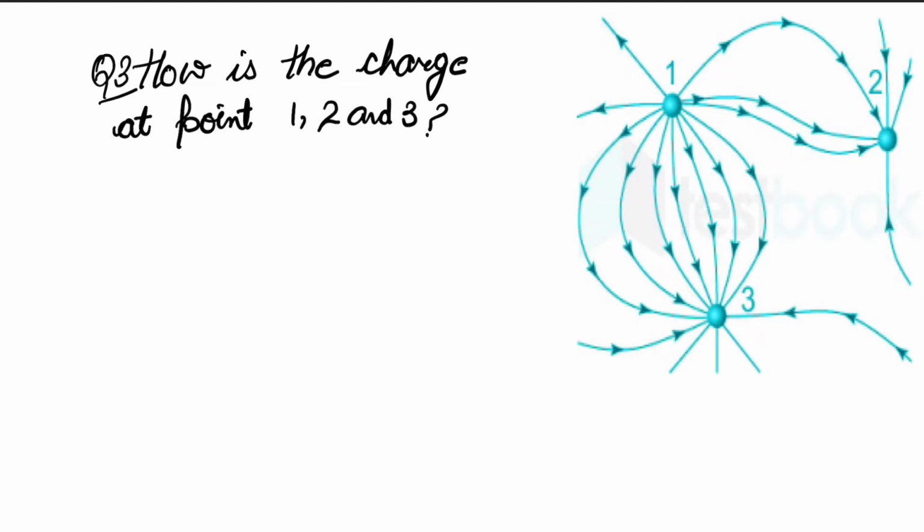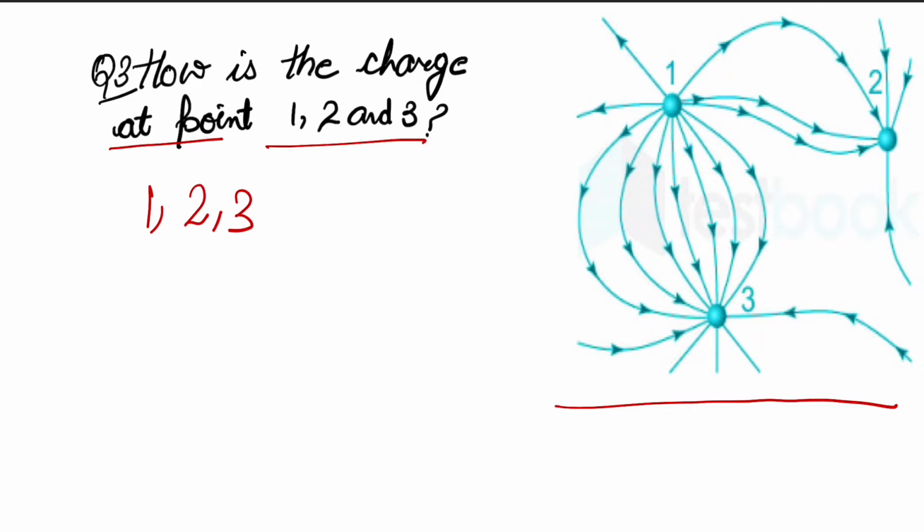Question number 3. We are given a figure, and we are supposed to determine the nature of point charges 1, 2, 3, whether they are positive or negative.